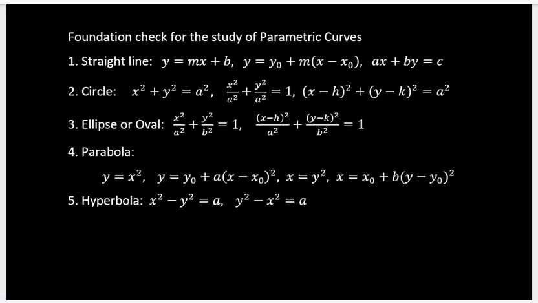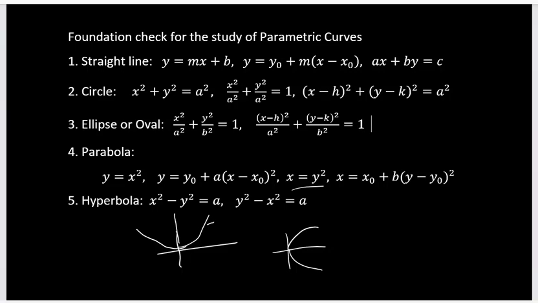So next we are going to the parabola. When you have y = x², it will be like this as a parabola. The axis will be the y-axis. If I write this one as x = y², then it will go like this.